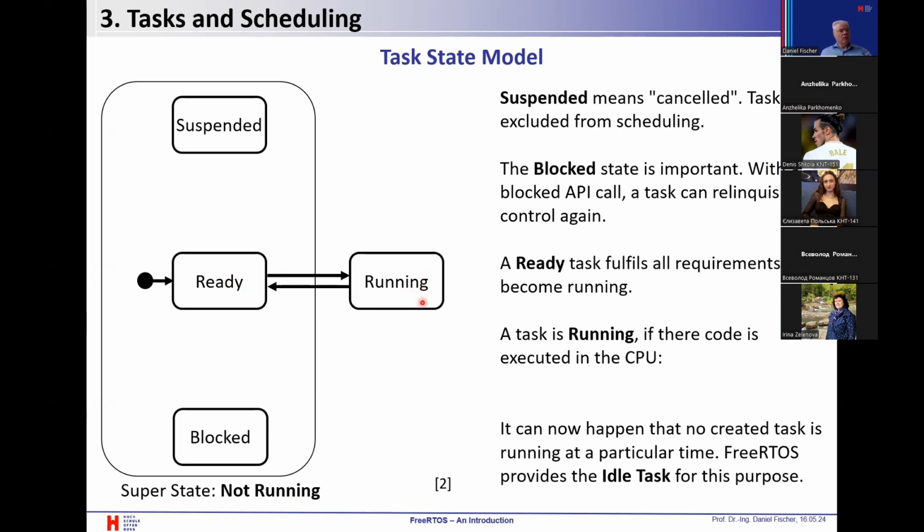If the scheduler has to run another task, this currently running task is preempted, and then this task becomes ready, and so on. You can see a task can be in this endless loop, ready, running, and so on. We will see this later in an example.